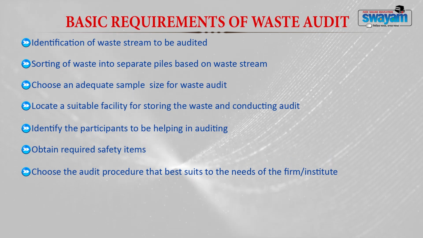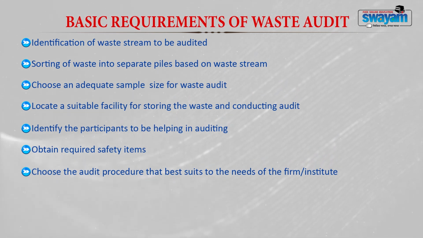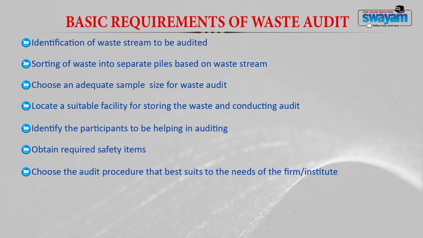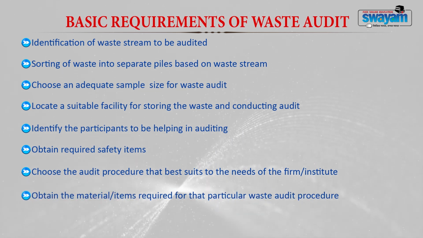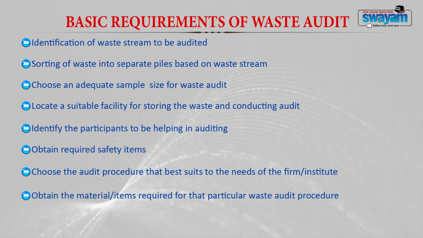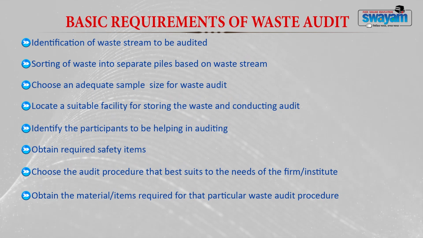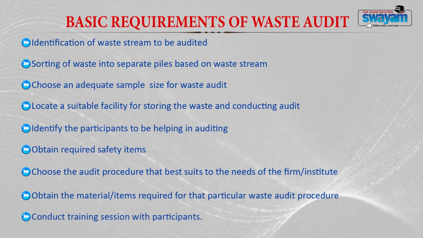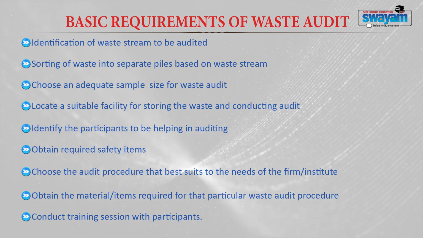There may be several procedures, so use the procedure that best suits the needs of that particular firm or institute whose audit is to be done. Obtain the materials or items that are required for that particular waste audit procedure. Before going for waste audit, we should conduct a training session with the participants. This is very, very important.